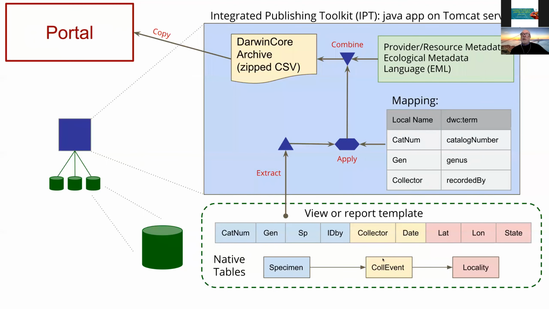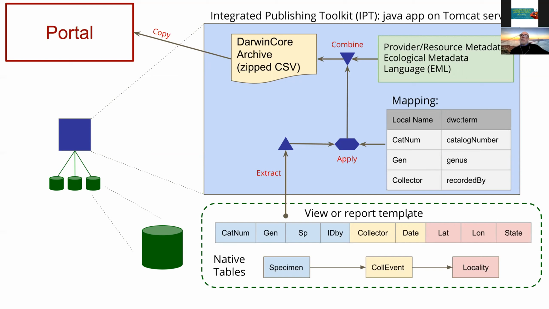But ultimately, what you need to do is create a view in a relational database, or at least a report template, that you can push a button and dump your database out through into, in essence, a much simpler structure that conforms, at least structurally, to a data standard. So you get this extract, and then you apply the standard terminology for these columns. So you apply the mapping, if you will.